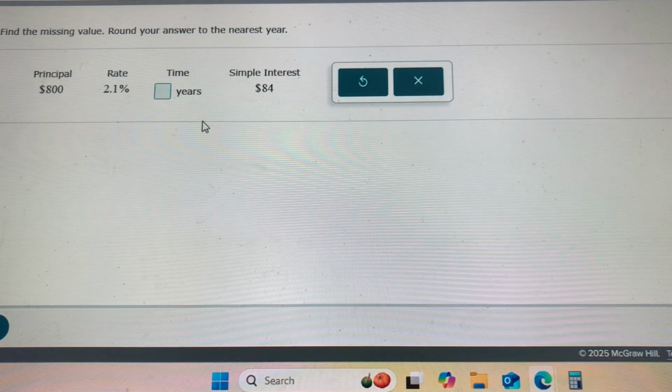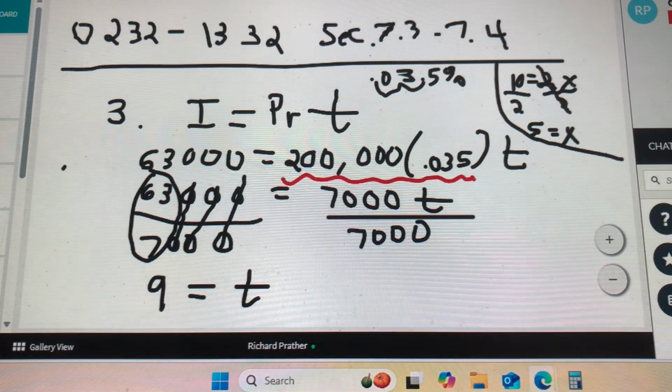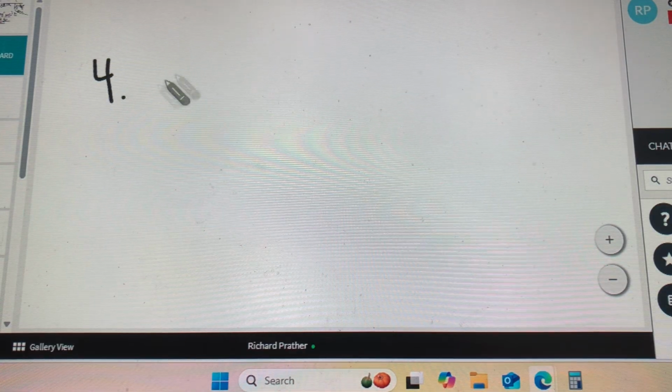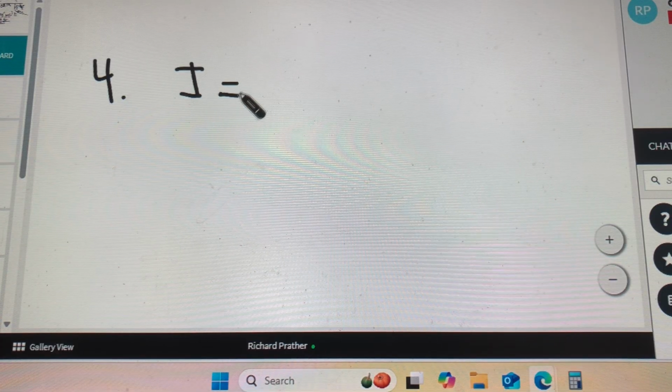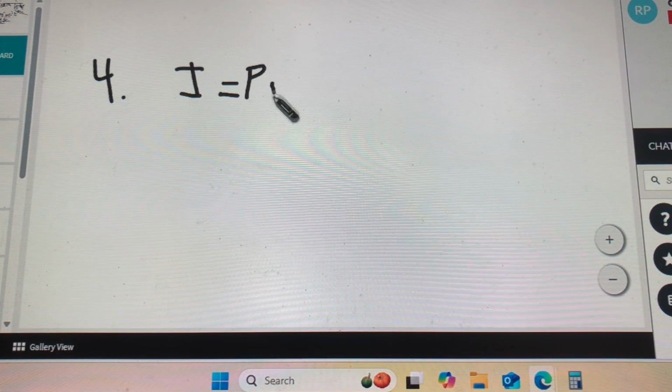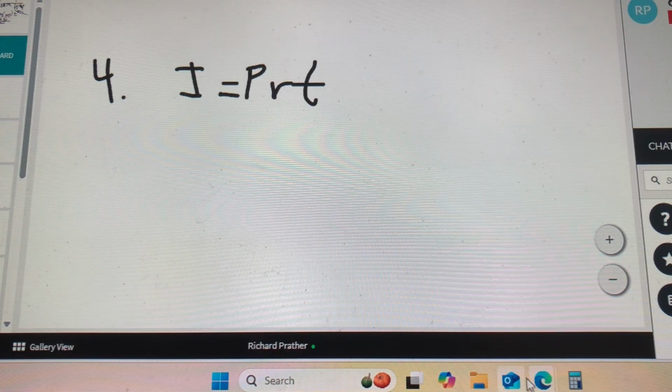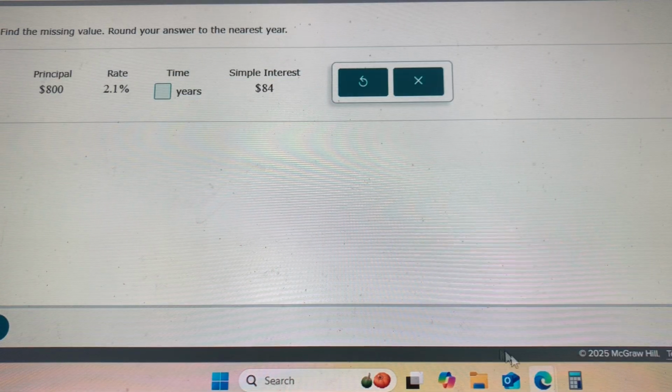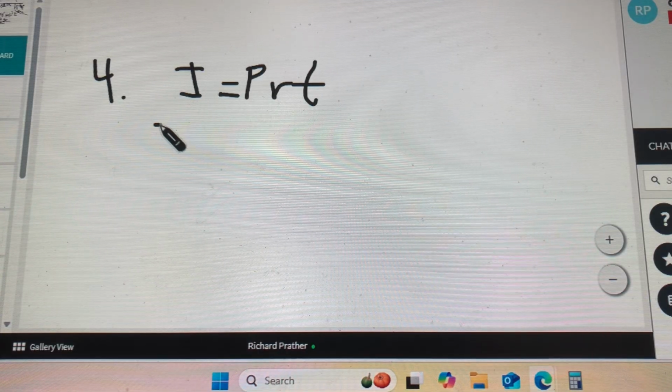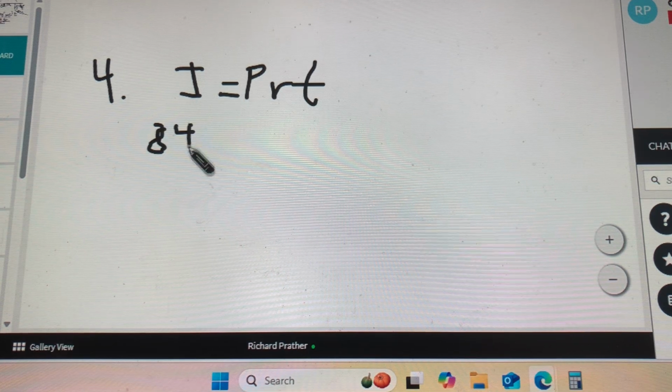Well, here's another one for time. So this is exactly the same problem, just different numbers. Same deal, I equals PRT. We know the interest is 84 bucks, not very much because maybe the time is low or the interest rate is small.